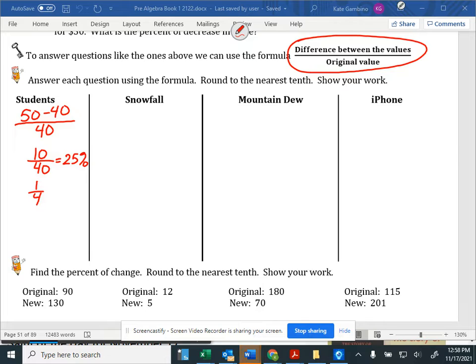If we look at our snowfall, last year was 47 inches. This year's 28 inches, over the original, which is last year. 47 minus 28 is 19. Over 47. What is 19 divided by 47?